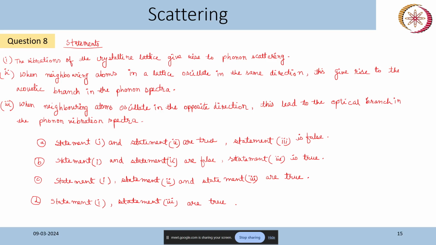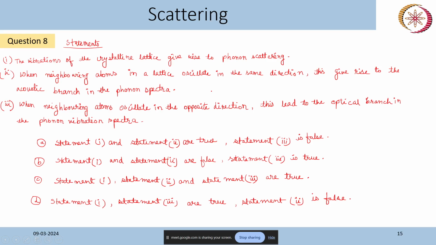Okay, so there is a delay because of the tab, please bear with it. So these are the 4 options. Now this question is on phonon scattering and different types of scattering. So let's go through it.